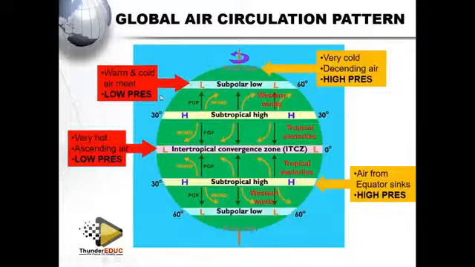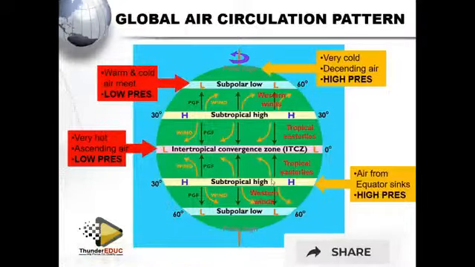Since it develops between 30 and 60, and these winds are moving from west to east, the cyclone itself is also going to travel from west to east. The same way here, it is between 30 and 60, traveling from west to east, as it is part of the westerly belt.